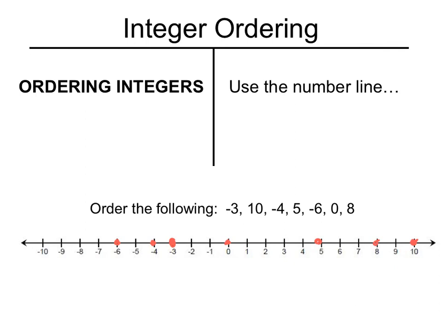And now, as I read from left to right, my numbers are in the order from least to greatest. The greatest number will always be the number that is on the right. So let's write them in order. I've got negative 6, negative 4, negative 3, 0, 5, 8, and 10.